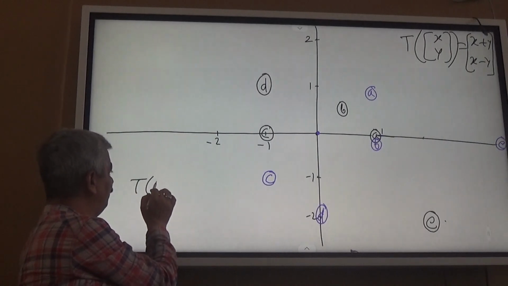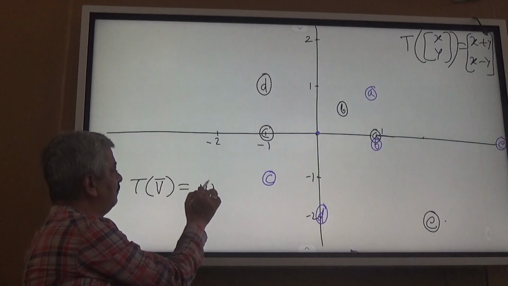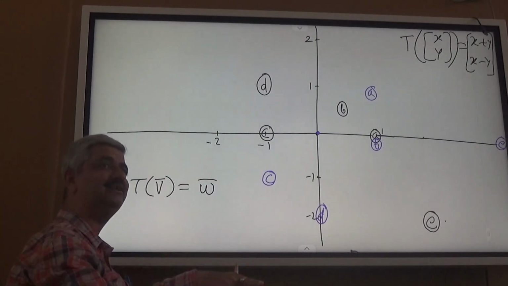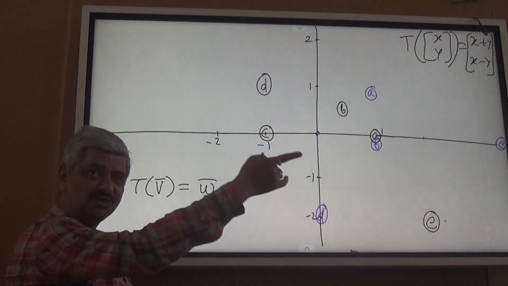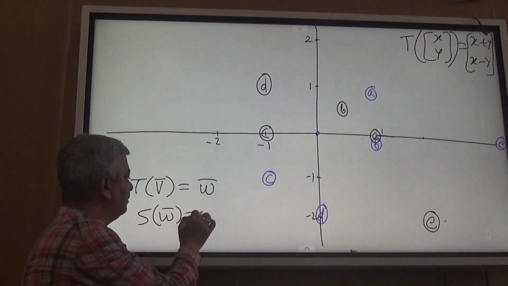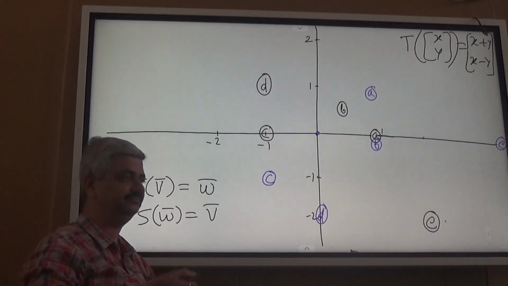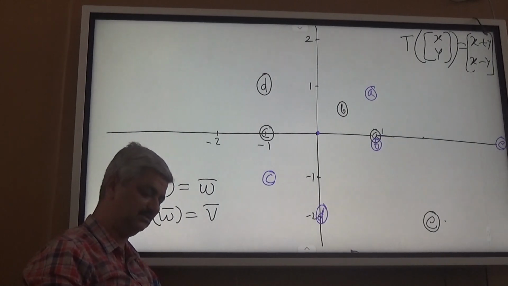T of... Find transformation S such that for every vector in space capital W, you get the original vector back. So what is this? Find the transformation S. This is called as inverse transformation.